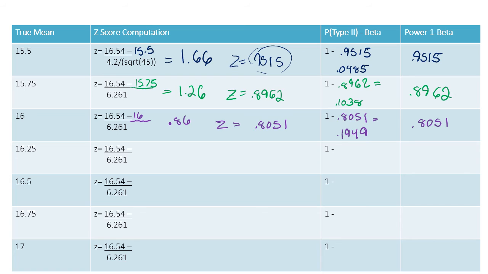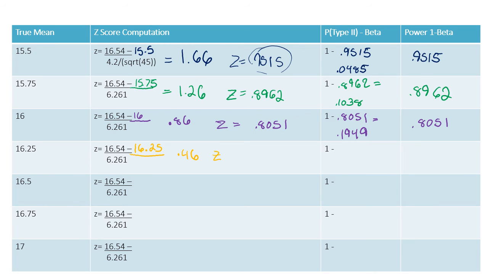Now if the true population mean was, say, 16.25, it would be 16.54 minus 16.25, all divided by 6.261, which is our sigma divided by the square root of n. That gives us a z-score of 0.46.